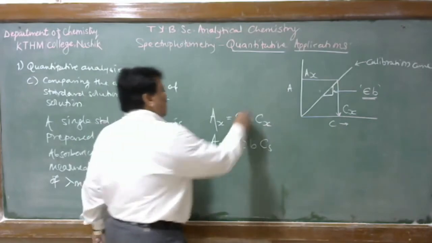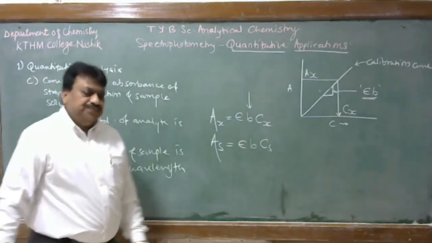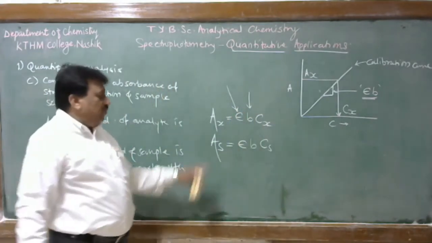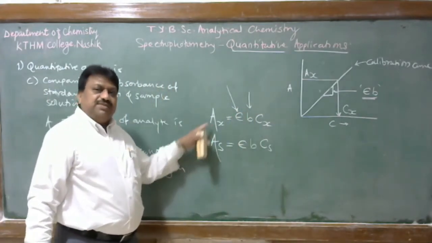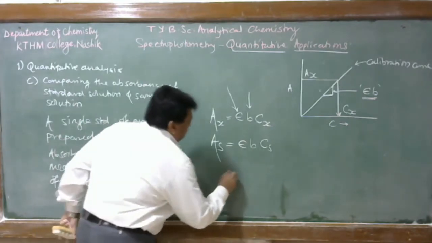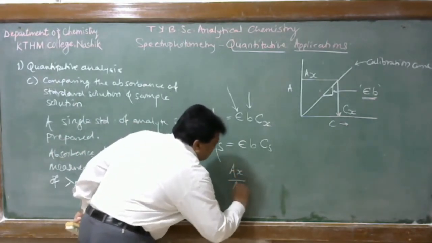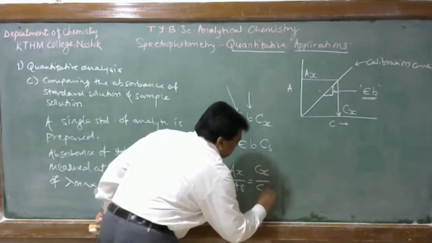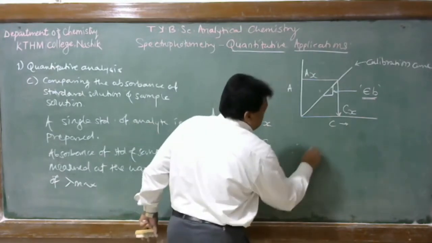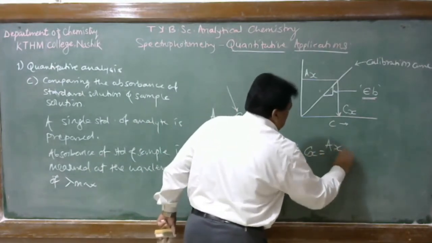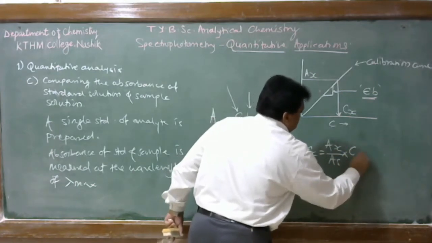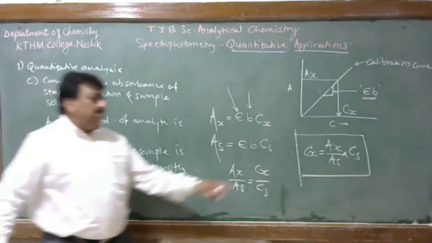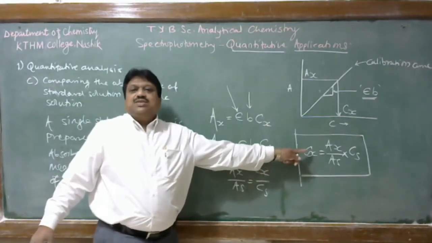Here b is the path length which is identical during the measurement. Epsilon, the molar absorptivity, is again the same for both solutions having the same type of analyte. Therefore Ax upon As is equal to Cx upon Cs, and therefore Cx is equal to Ax upon As into concentration of standard, and therefore the concentration of the sample can be determined by using this method.